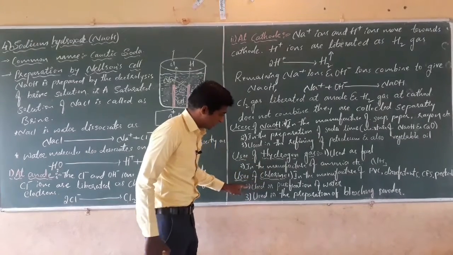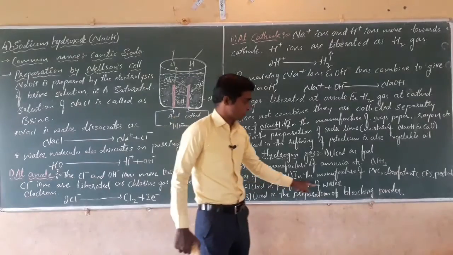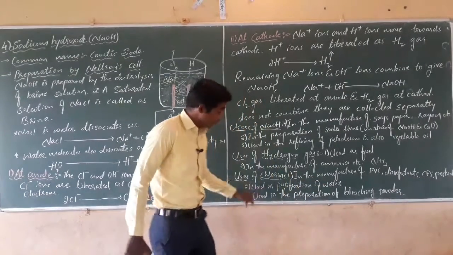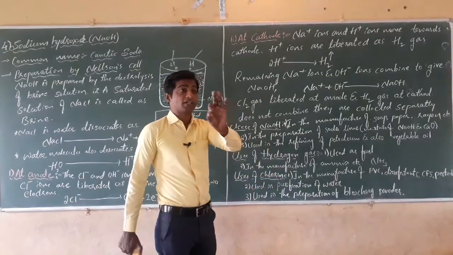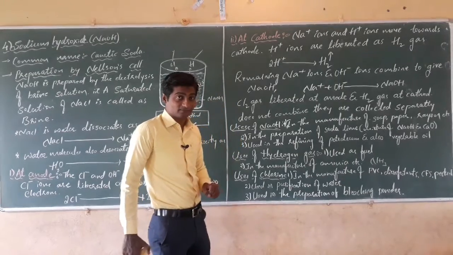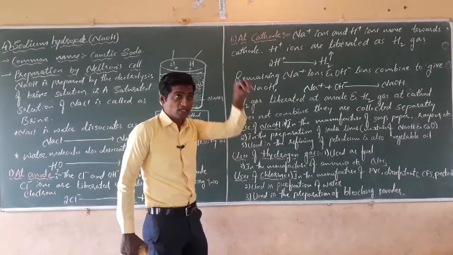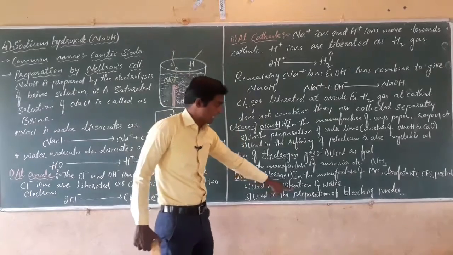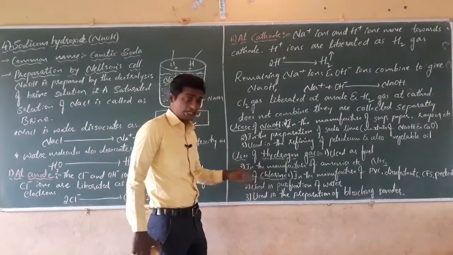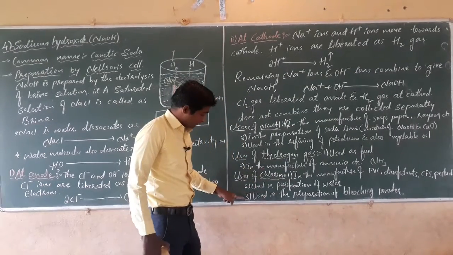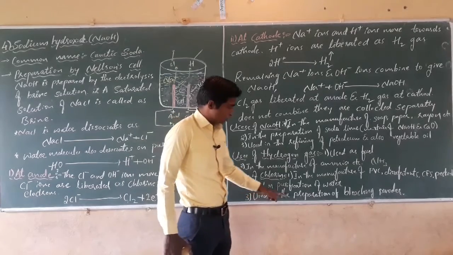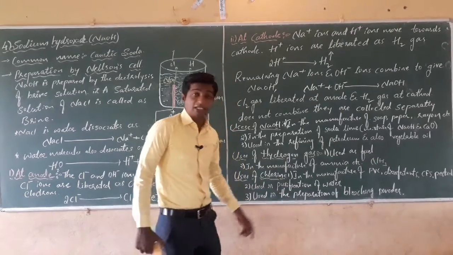Next, dear students, it is also used in the purification of water. You have studied chlorination in 9th standard, to kill the microorganisms. In the purification plant, chlorine is added, that is chlorination. Then the chlorine is also used in the preparation of bleaching powder.